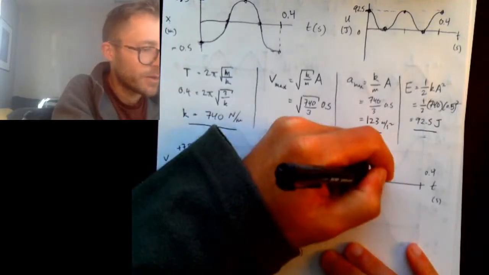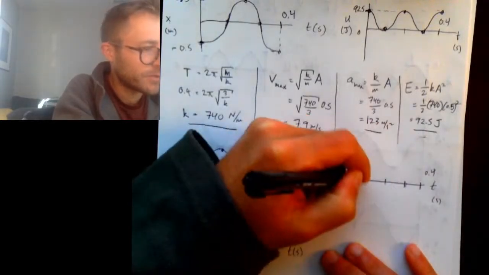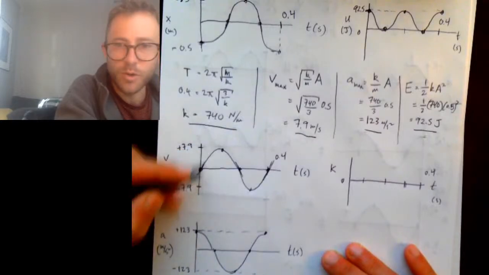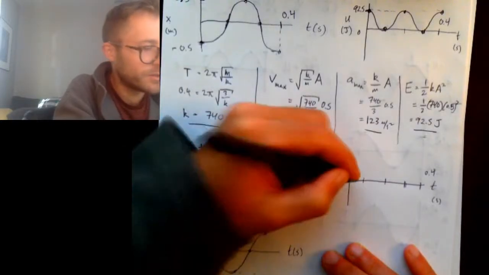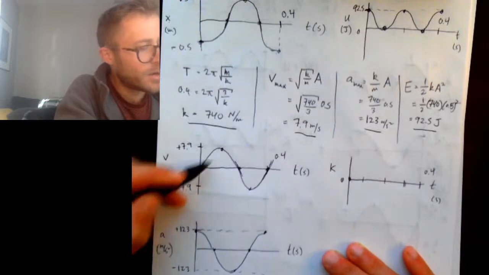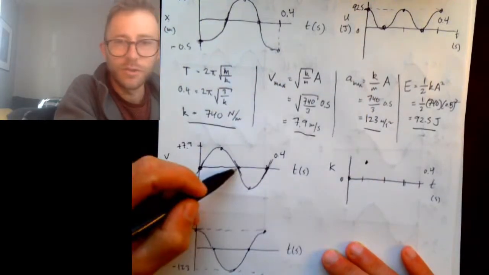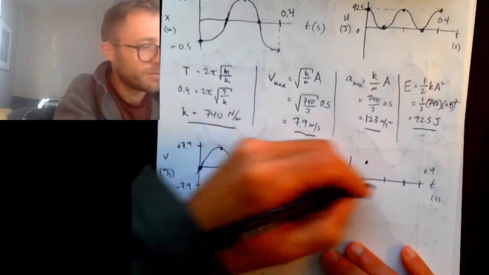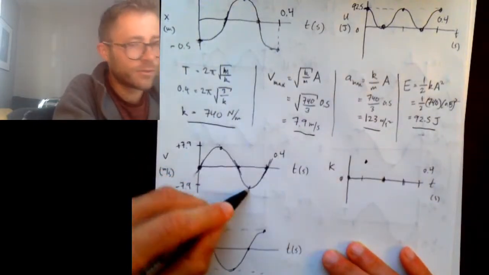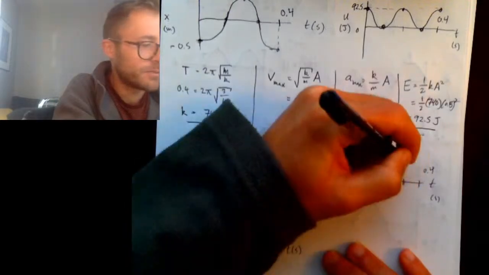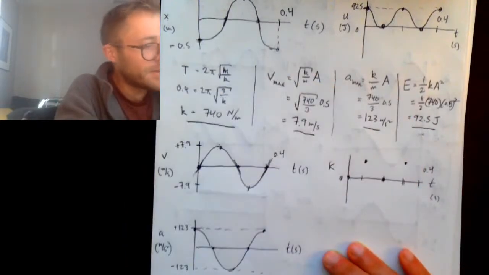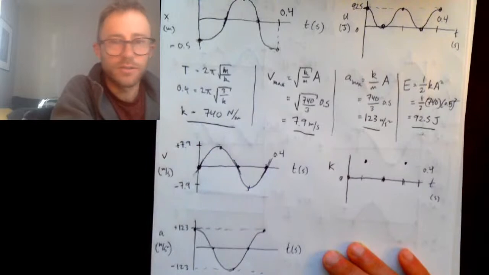So I've got my 5 points that I have to find the squared value. 0 squared is 0. A positive number squared is a positive number. 0 squared is 0. A negative squared is positive. And then 0 squared is 0.